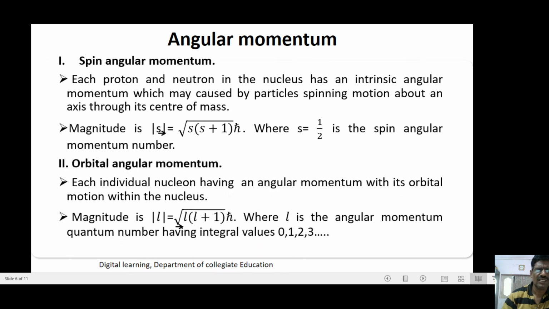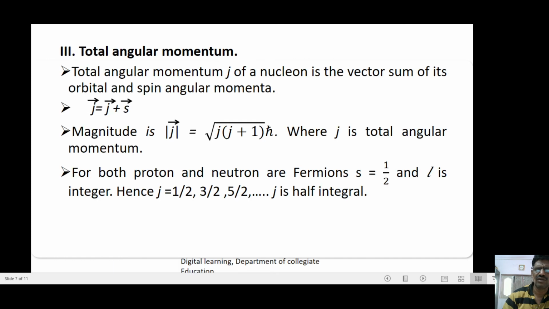Orbital angular momentum is for an individual nucleon having an angular momentum with its orbital motion within the nucleus. Magnitude L is equal to root of L into L plus 1 h cross, where L is the angular momentum quantum number having integral values of 0, 1, 2, 3.